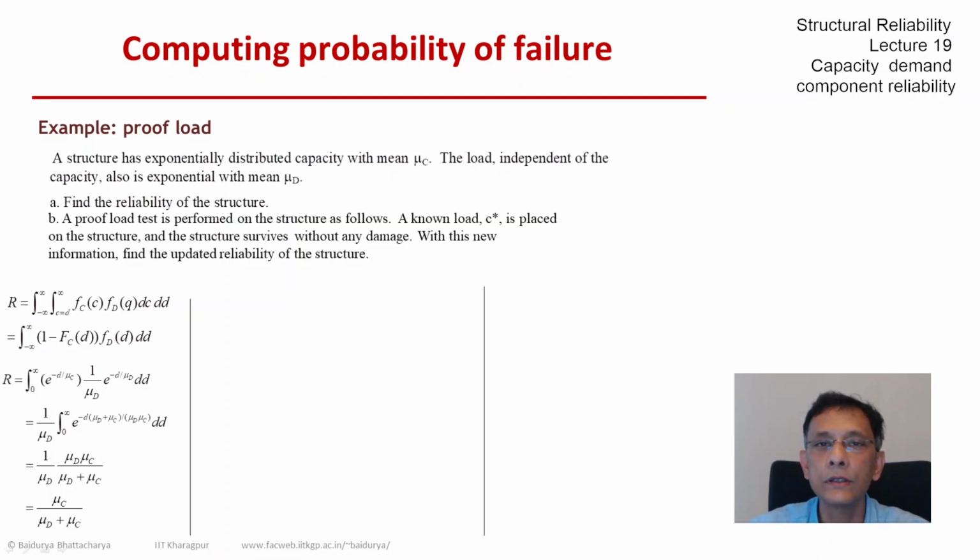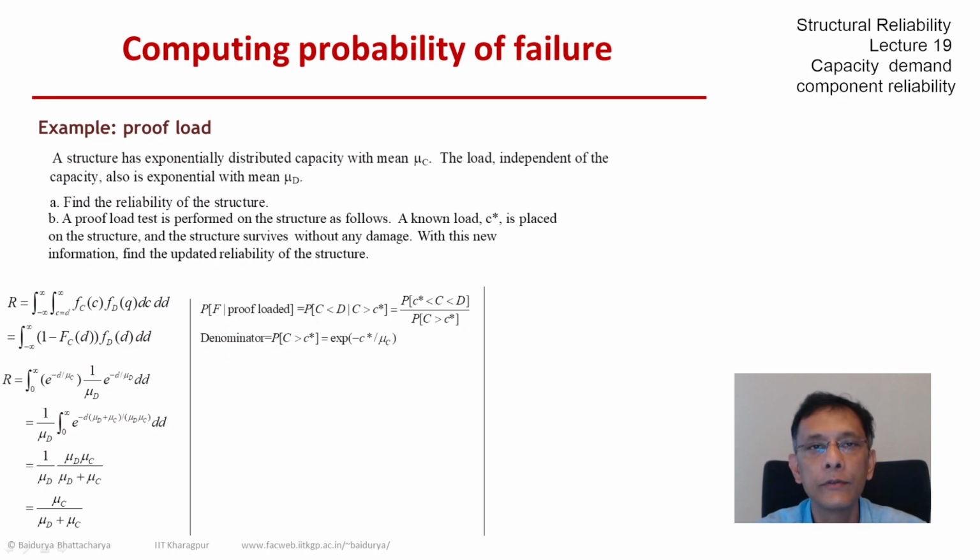Now let's try to answer part B. So here we are looking for a conditional probability, as we already have seen in part A, that the probability of failure given the proof load, that would be my updated failure probability, or 1 minus that would be the updated reliability. So we can expand that in terms of C and D and that proof load value C star.